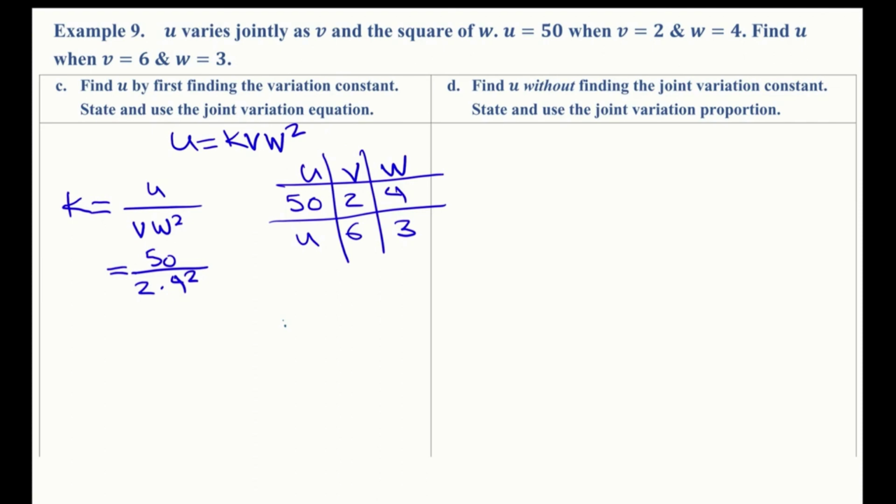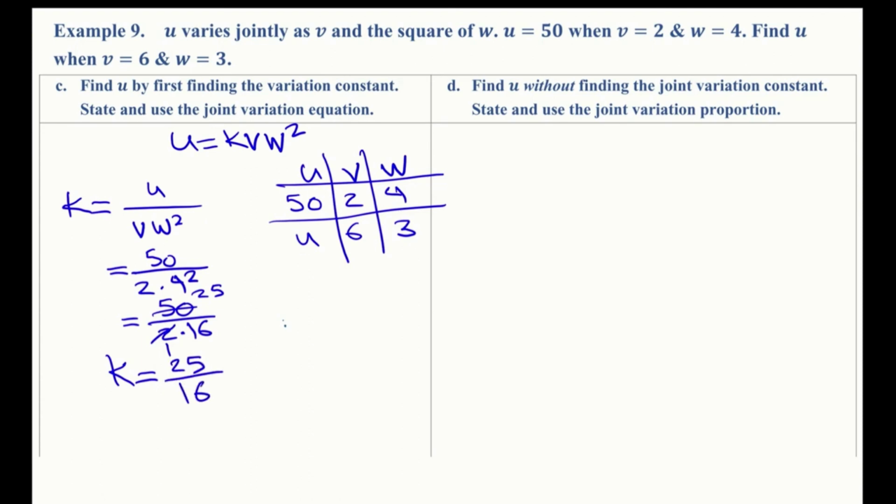So we get 50 over, that's 2 times 16, so let's write it. Notice that 2 goes into itself once, into 50, 25 times. So we end up with k equals 25 over 16.